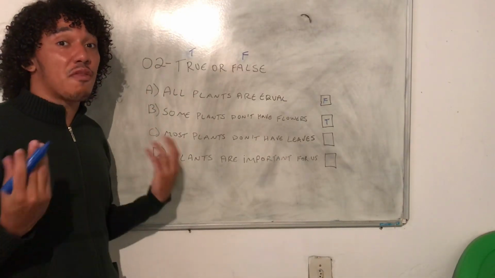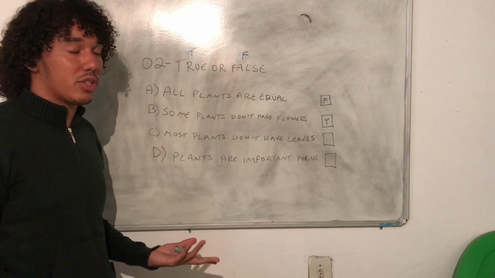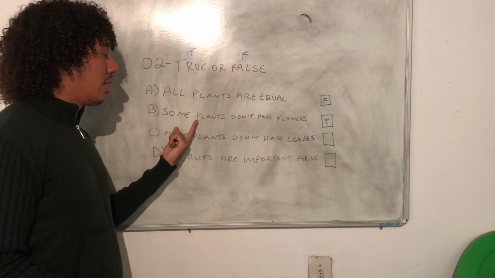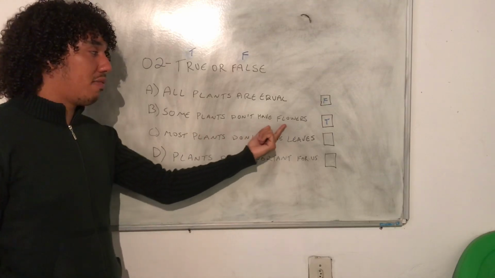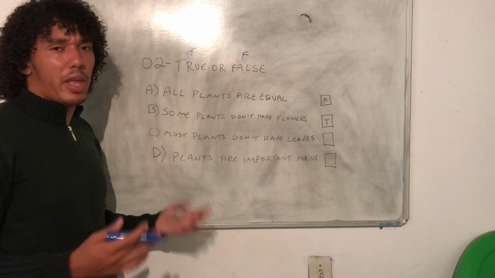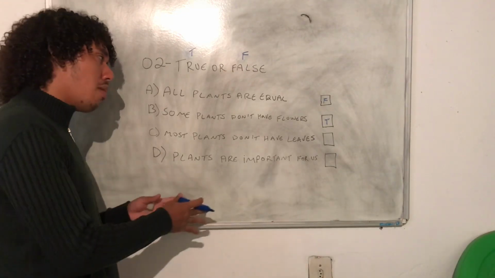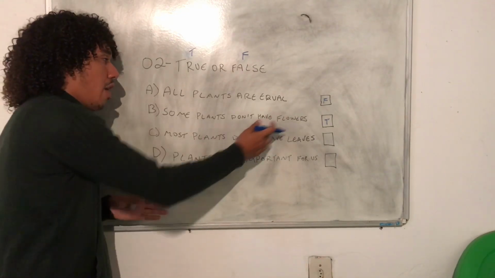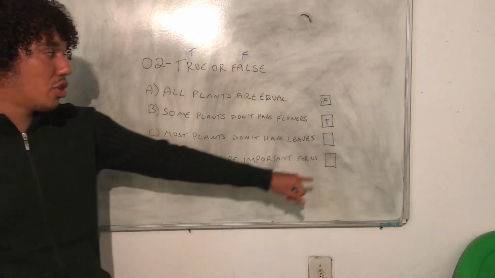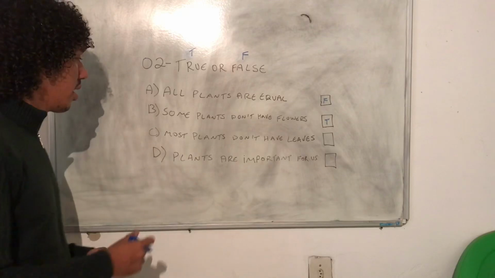We have different kinds of flowers. So some plants do not have flowers. This is true because plants are different. Some of them have flowers, some do not. So this information is true.